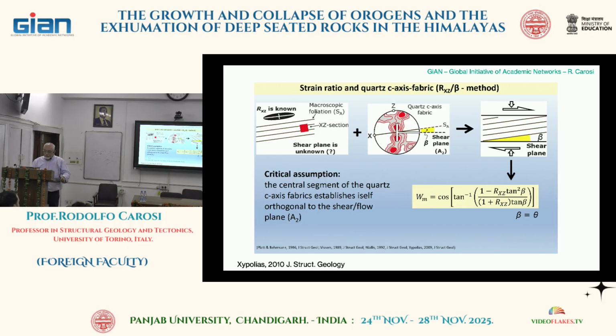So you can use the c-axis, the central part of this girdle, to obtain the perpendicular, so you have the shear strain. So you can measure the angle between the macroscopic foliation that you can plot in the stereographic projection, and this yellow angle is a beta angle between the shear plane and the macroscopic foliation. So you can use the previous equation with no problem. So you have to use the c-axis of quartz.